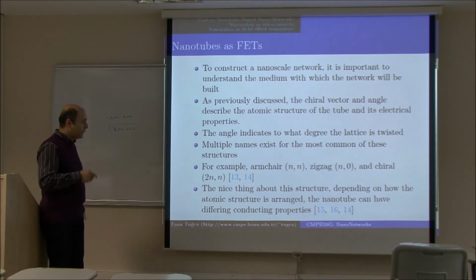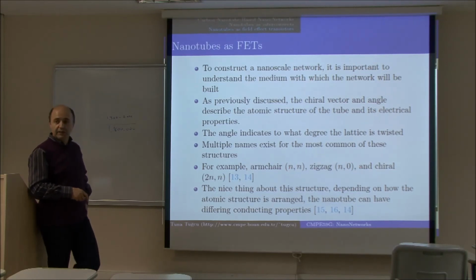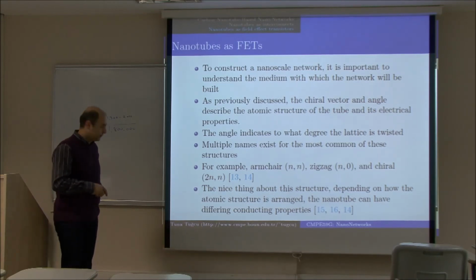If the chiral vector is n by n, in other words m is equal to n, it's called armchair. If m is equal to 0, it's called zigzag. And if m is half of n, or in other words 2n by n, it's called chiral.